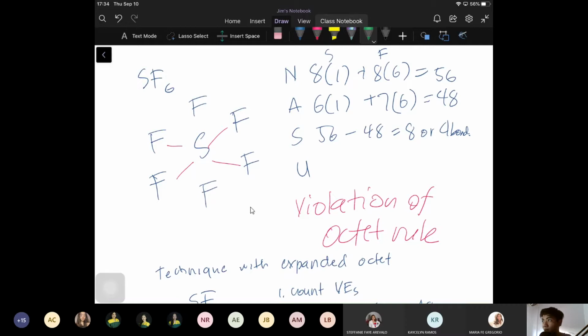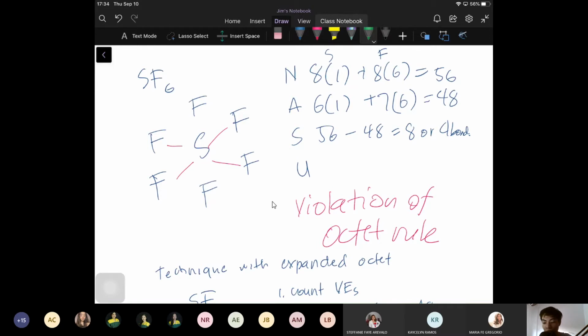Nag-exist to, that means hindi natin susundin si NASO rule. If you have central atoms that are found in the third energy level, pababa sa periodic table, NASO rule mo muna. Kapag konti ang iyong shared electrons or konti yung bonds na nagawa mo or sumobra, that means hindi mo susundin yung NASO rule.